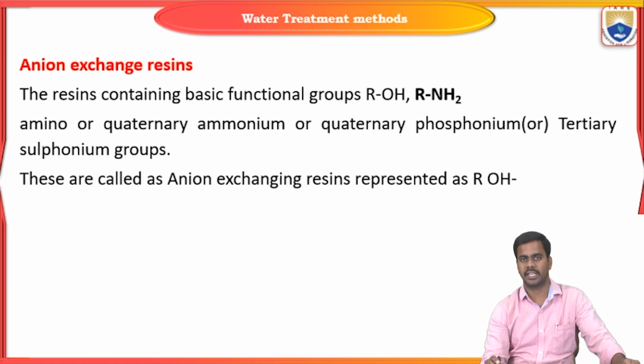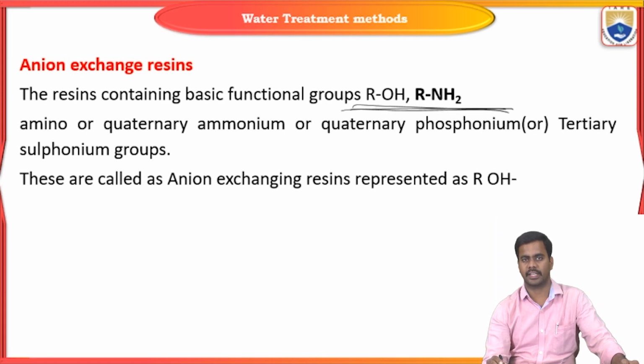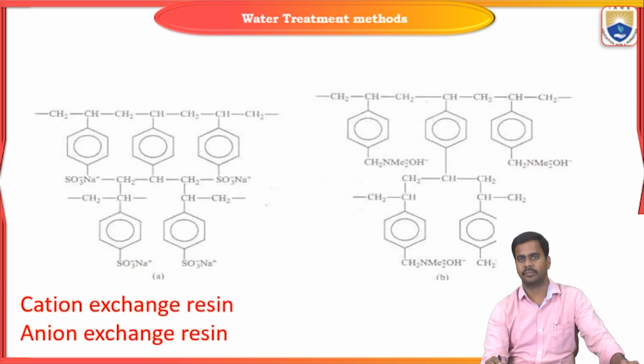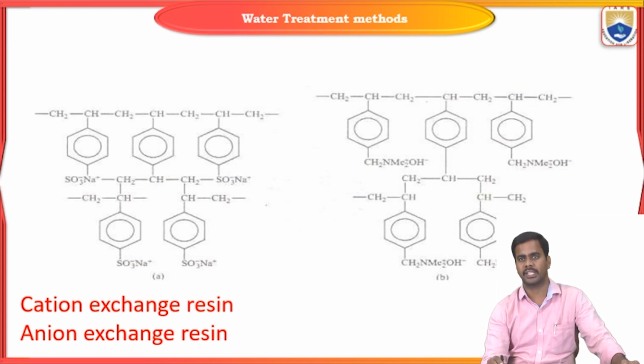Next, anionic exchange resin. Here these resins contain functional groups, as I told you, basic functional groups, that is ROH, RNH2, etc. Okay, so look at here. The first one in the diagram is a cationic exchange resin, and the next diagram indicates anionic exchange resin.